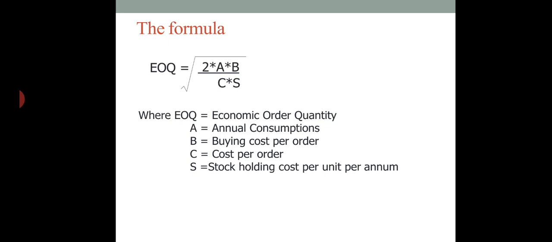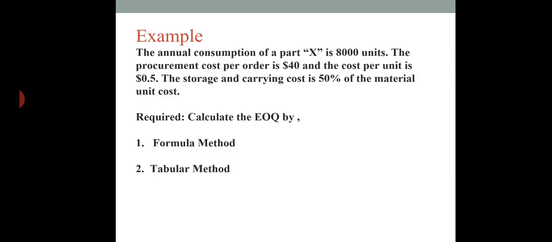Here A is the annual consumption, B is the buying cost per order, C is the cost per unit, and S is the stockholding cost per unit per annum.